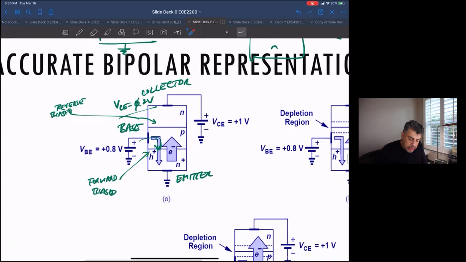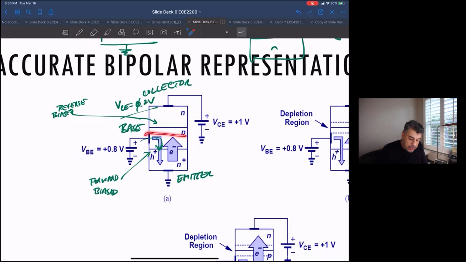Remember, this is now forward biased. When a junction is forward biased, you get your diffusion current back. Meaning that as soon as I forward bias this, the holes are going to go where there are few holes, and the electrons are going to go where there are few electrons, because this is forward.